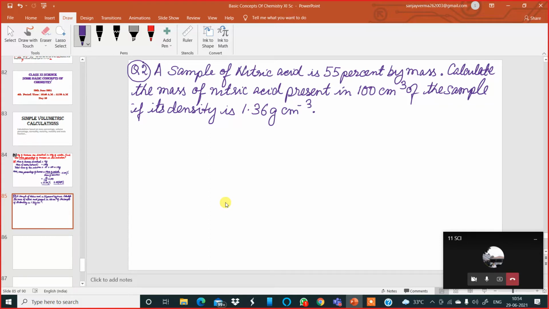Now, the solution part. Since the given sample is 55% by mass, what does this mean?